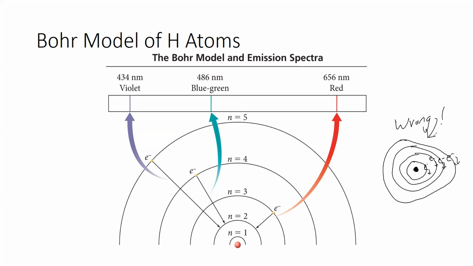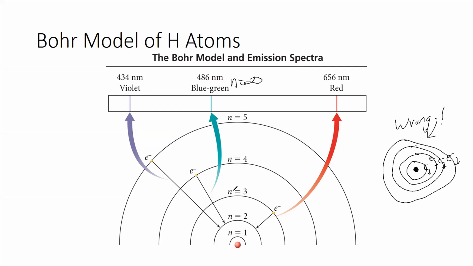And that's what's being shown here in the center. So we can think of the orbits of electrons as energy levels, right? So the orbit that is closest to the nucleus has an energy level of 1. The second farthest away has an energy level of 2, 3, 4, 5, all the way to infinity, right?